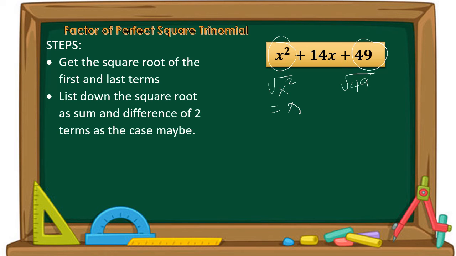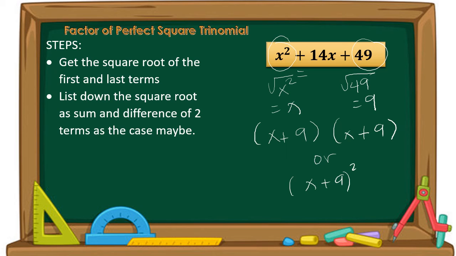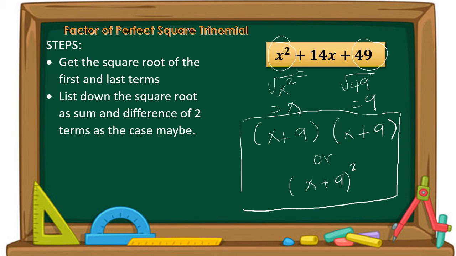Square root of 49 is equal to 9. And so from there, just list it down. So they're both plus, since the operation here is addition. So we have x plus 9 times x plus 9, or you may say the square of x plus 9.